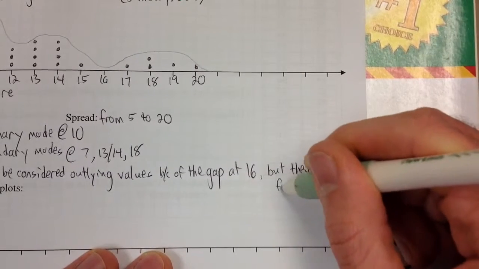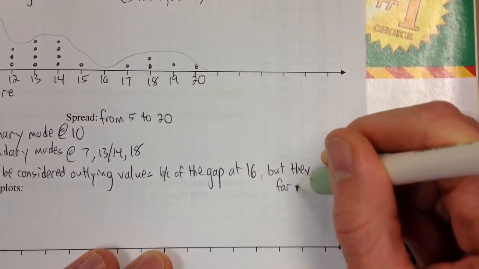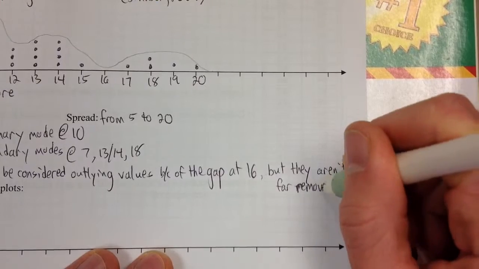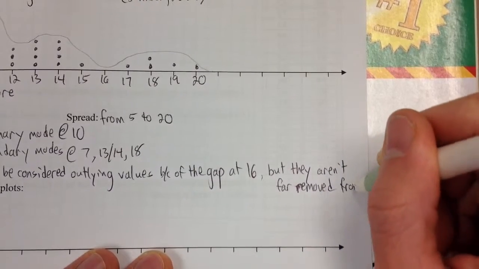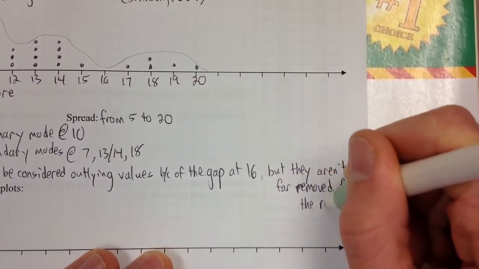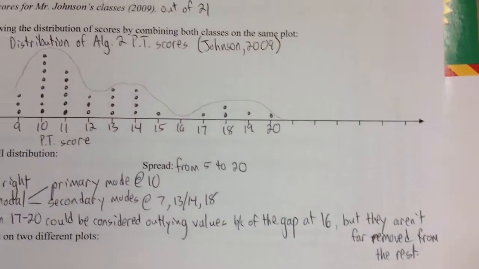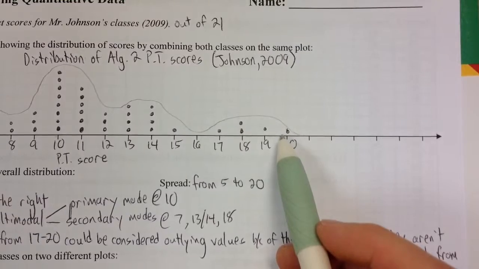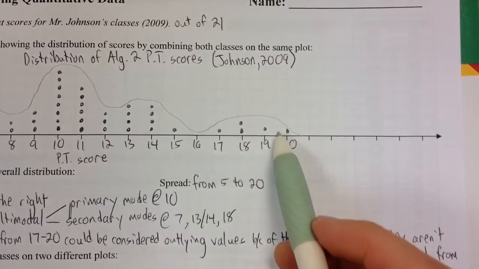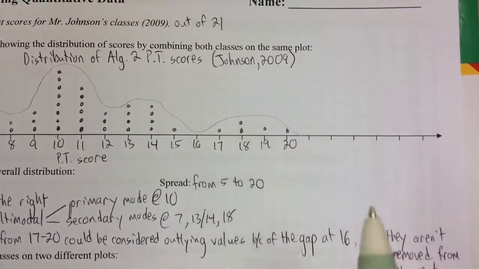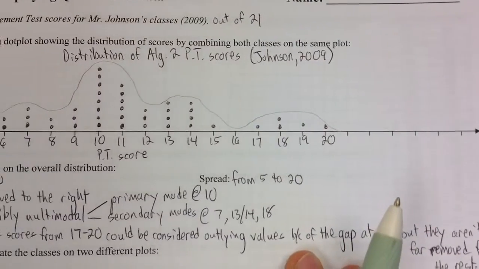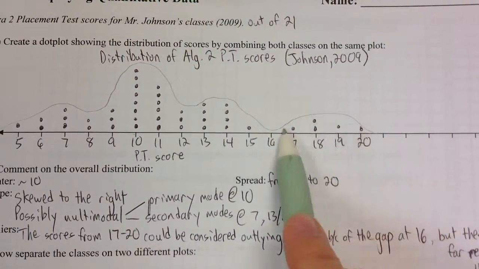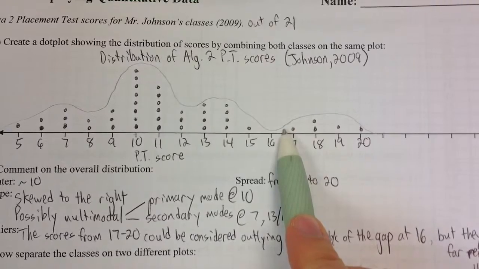But they aren't far removed from the rest. So in summary, if you're not going to consider 17 through 20 outliers, then state why, and at the same time, understand their effect on statistics. For example, the mean. These values here are going to drag the mean up.